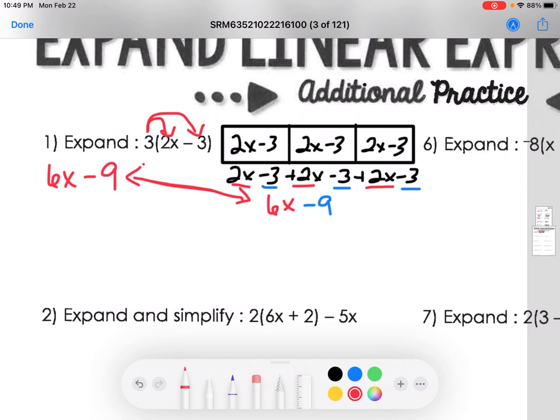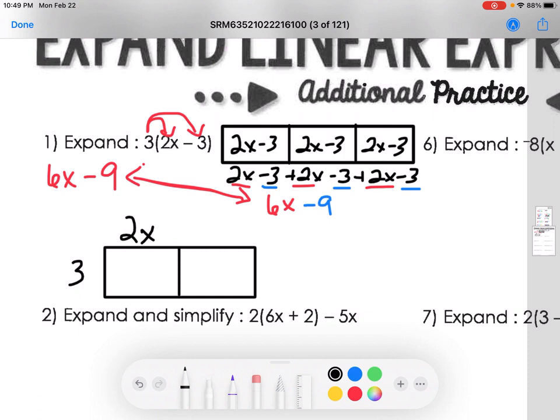Another way, if you want to use like the tape diagrams. So I have 2 terms inside my parentheses. So that means I just need to split this into 2 pieces. And then I have my 3. And my first term is 2 times x. My second term inside, I'm going to take the sign with it. So minus 3 would tell me negative 3. And then you can just multiply. So 3 times 2x is 6x.